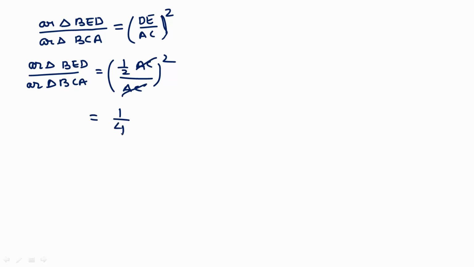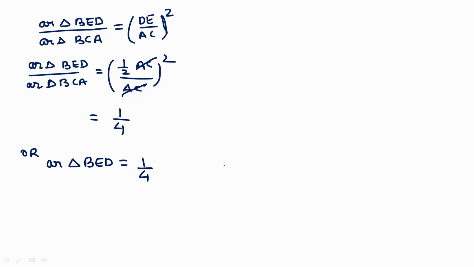Means area of triangle BED upon area of triangle BCA is equal to 1 upon 4, or area of triangle BED is equal to 1 upon 4 area of triangle BCA, transferring to the right side.